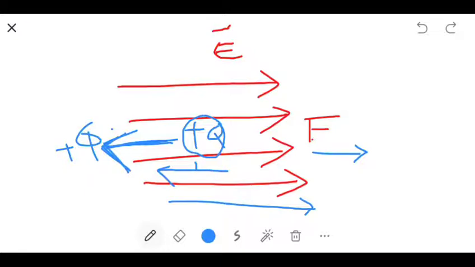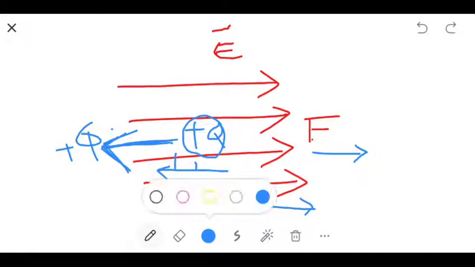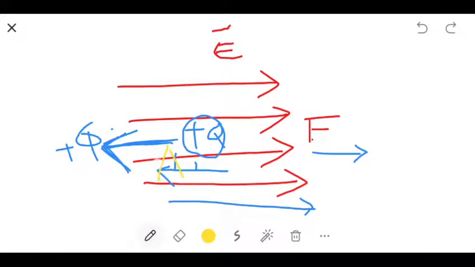Electric potential is defined as follows. Assume that the charge is initially at position A and moves to position B. What is the potential? VAB equals work done divided by unit charge, where the charge is a positive charge.